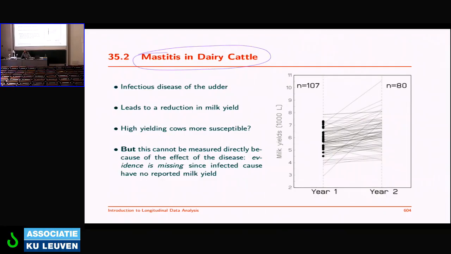What we have here is data from the University of Reading in the United Kingdom from quite a while ago. And they're concerned with cows, milk-producing cows. And of course, the more milk, the better, because that means more economic profit. At the same time, unfortunately, highly producing cows are vulnerable, susceptible to a disease called mastitis.